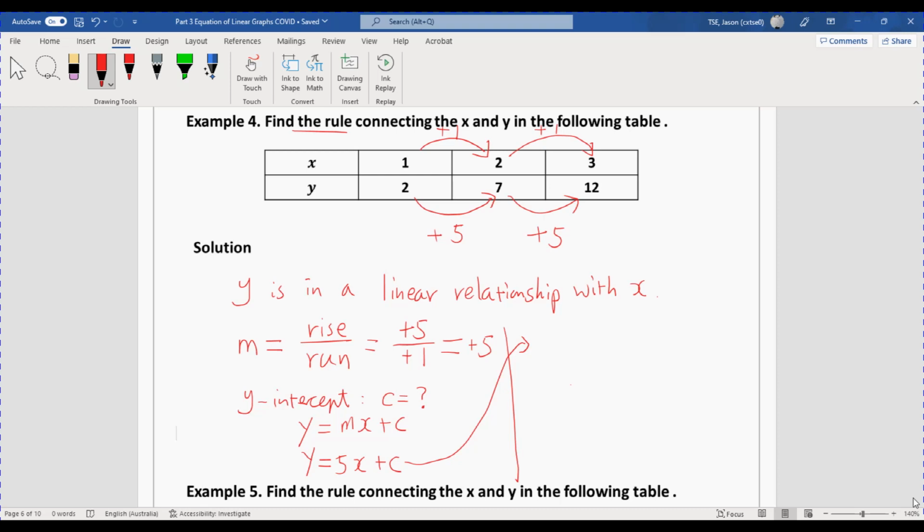We use 1, 2 as a point on the line, or in the table. So that means when x equals 1, y equals 2. So I could put y equals 2 and x equals 1 into the equation.